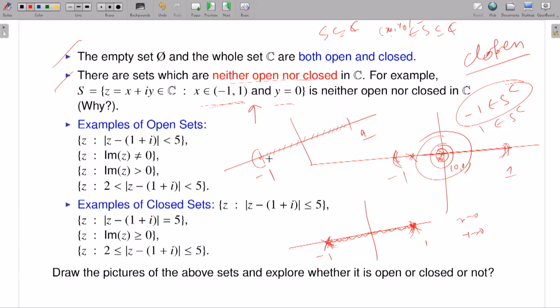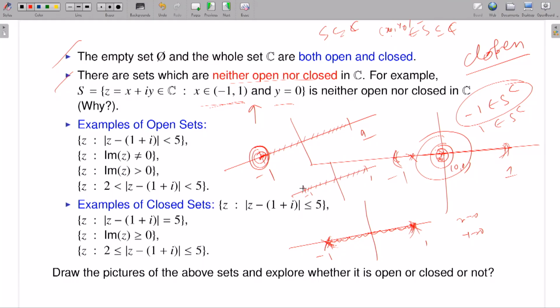It is of this kind of form, always an open ball like this. But whatever open ball I take with center minus 1, this set will have a point which is not in the complement, because in the complement this portion is not there. So again I am drawing: this is my minus 1, this is 1, this is included in the set minus 1, 1, but this portion is not.